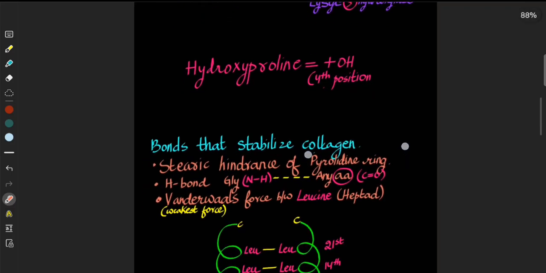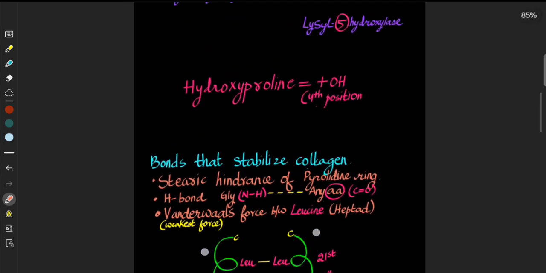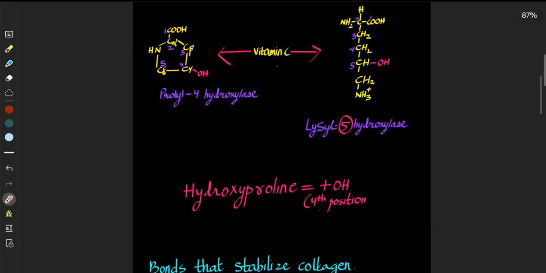Now we have to understand how many types of bonds are usually present in collagen. That means what are the major types of attractions or forces that usually stabilize this complex structure of collagen. The first one is the steric hindrance of the pyrrolidine ring. So let me tell you, this structure is actually known as the pyrrolidine ring.